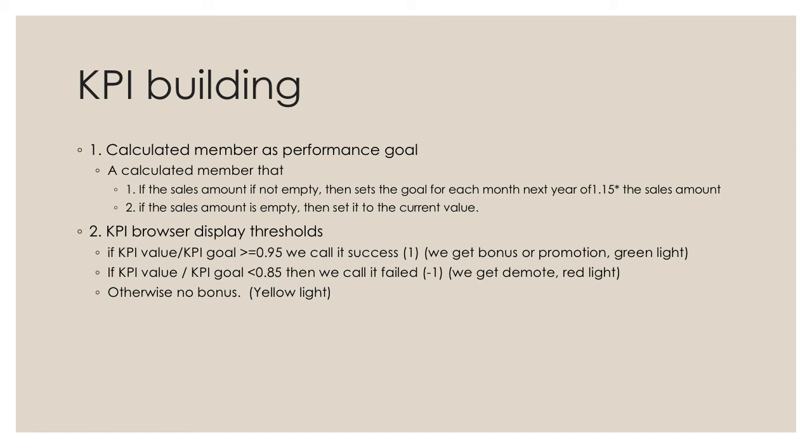If the KPI value divided by KPI goal is greater than 0.95, we call it a success, green light. If it is less than 0.85, then we call it failed. Otherwise, we say it's normal, you didn't get an increase, but it's fine.